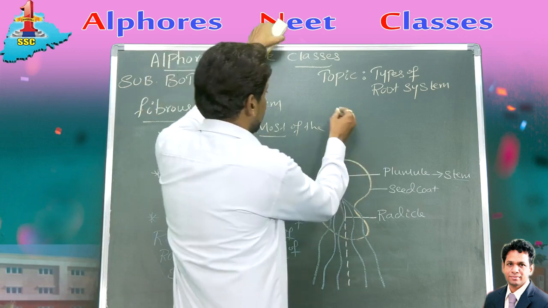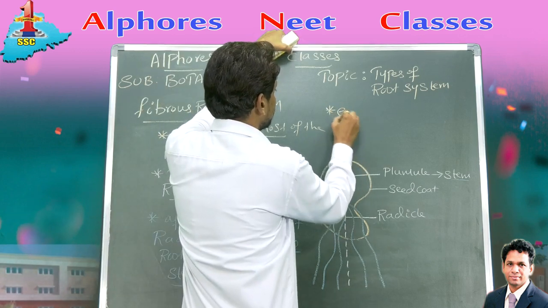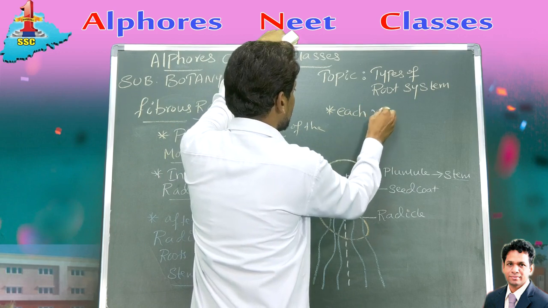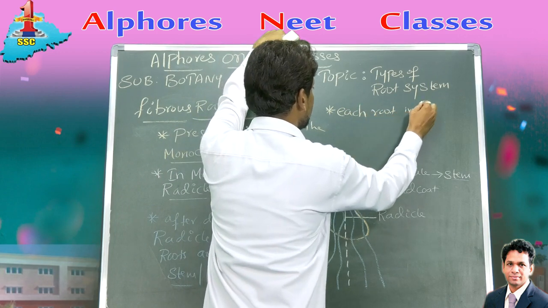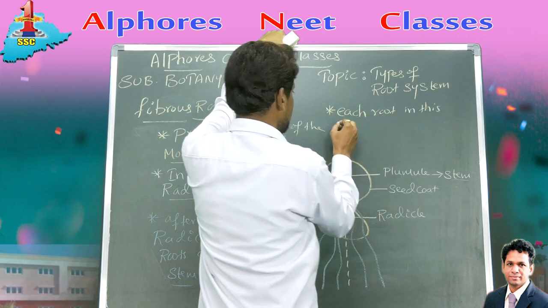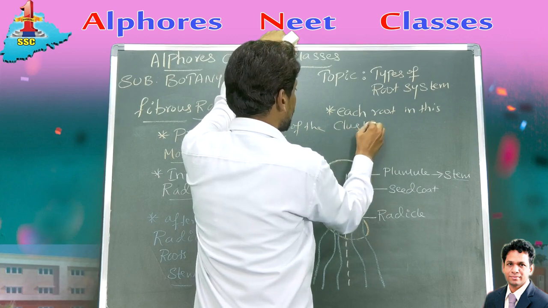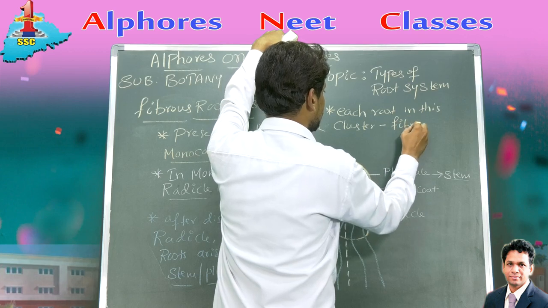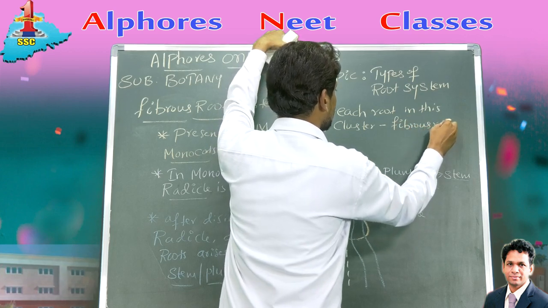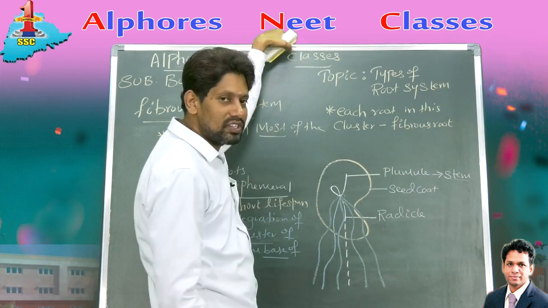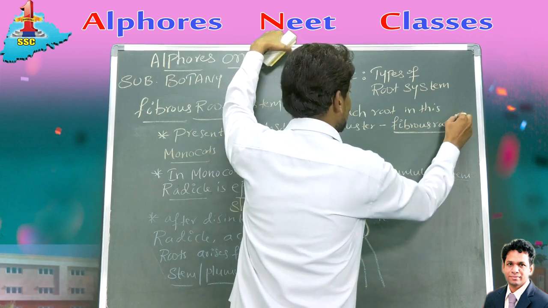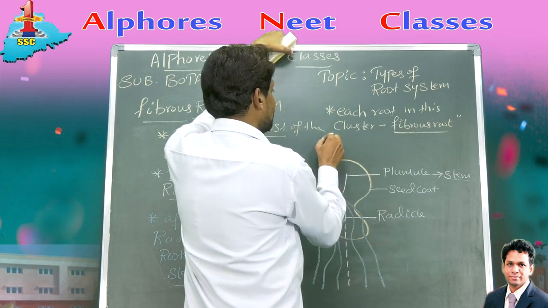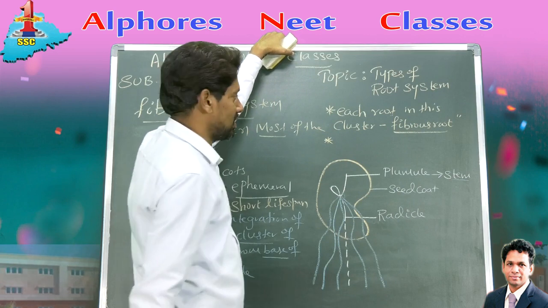Now listen to this statement. Each root in this cluster is called a fibrous root. Cluster means many, right? All these roots are nearly of the same size.